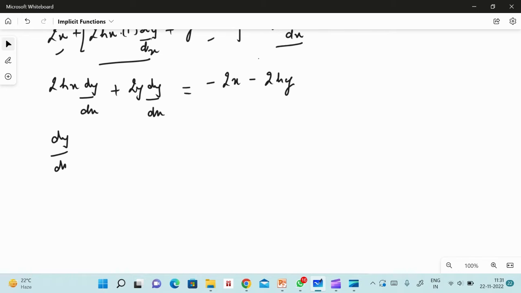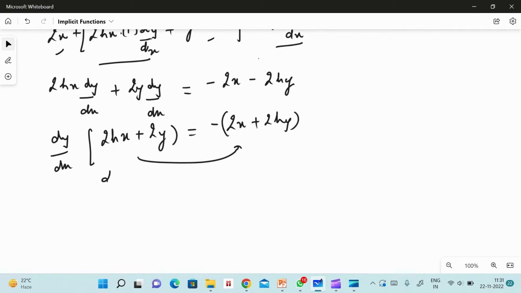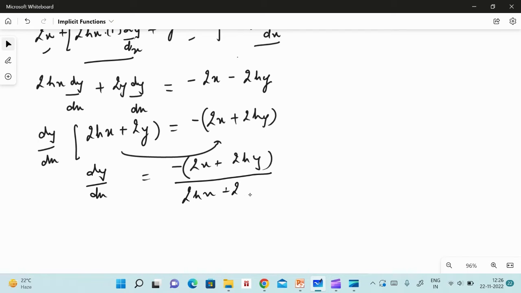Dy by dx, what will I get? I will get 2hx plus 2y, and this is equal to minus, if I take the minus sign common, I get this equation. So I will shift these values to the other side. Dy by dx is equal to minus 2x plus 2hy divided by 2hx plus 2y, right?